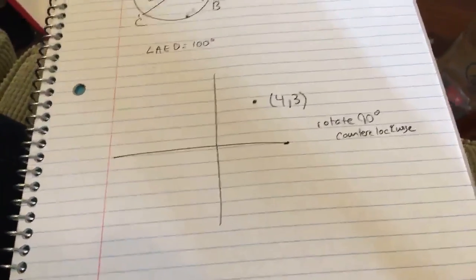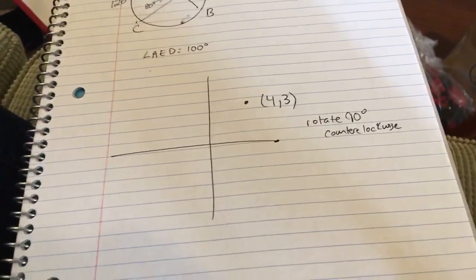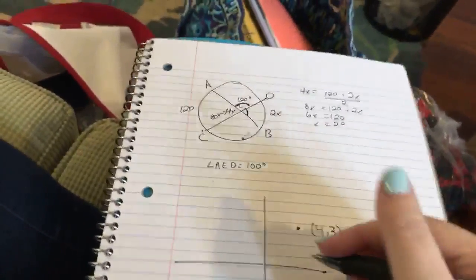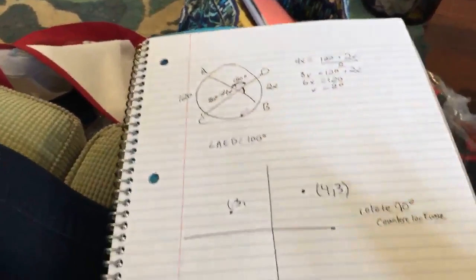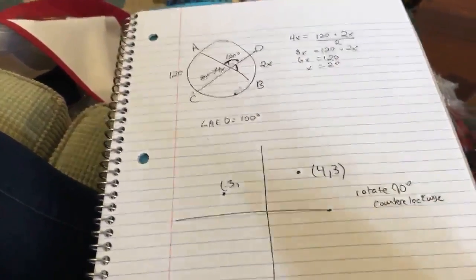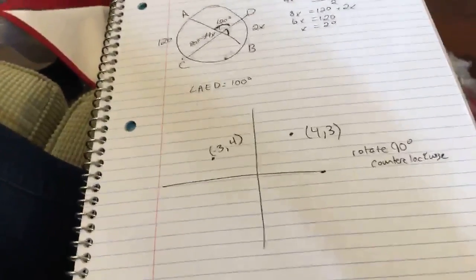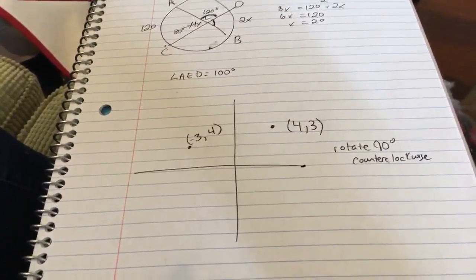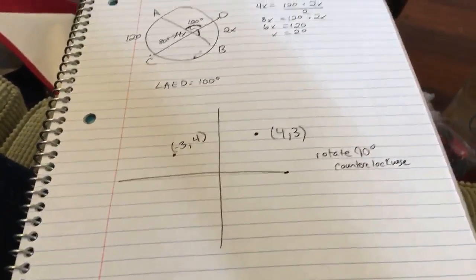The y is going to be either 4 or -4. But if it's in quadrant 2, then that means that the x has to be -3 and the y has to be +4. There are rules, like you guys learned about whenever we first started learning about rotations.